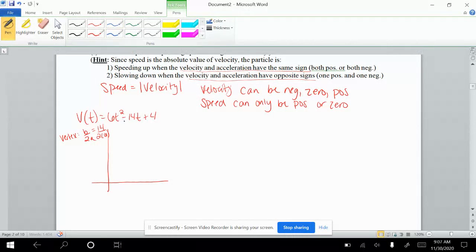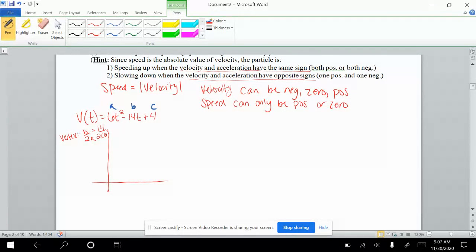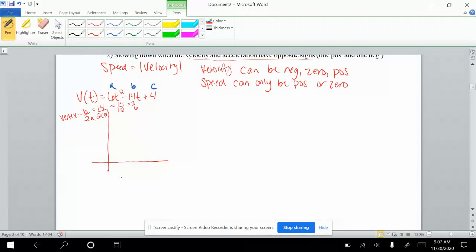Our b value, remember, is this one, a, b, c, when you have it written in descending order. So the vertex, sorry, this actually is opposite. Opposite of negative 14, which is positive 14 over 2 times a, which is 14 over 12, which simplifies to 7/6. You don't necessarily have to do that. I assume you have your calculator with you on this problem, so you could just graph it. But you know your vertex is at 7/6.